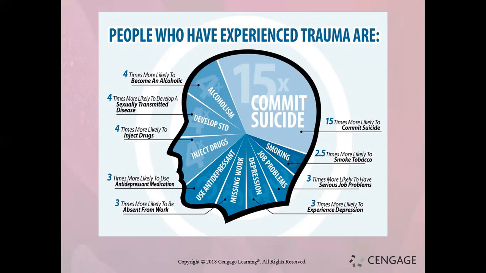I know particularly of some children who watched a parent be abused by somebody who was selling them drugs. And those particular kids who have experienced that trauma are 4 times more likely to become an alcoholic, or 15 times more likely to commit suicide. These are staggering numbers when you think about it.